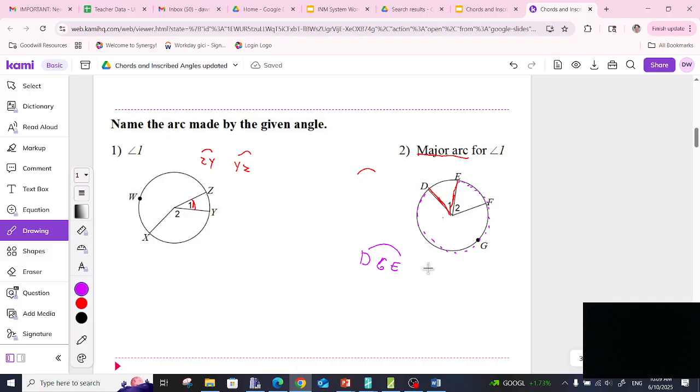Or give me another one I could use. DFE, right? Any others? What about EGD? And what about EFD? Now, if you would have given me DGF, I would have had to mark that wrong, right? Because the major arc for angle 1 would be the whole circle that excludes this arc here. Okay, we all good with naming?